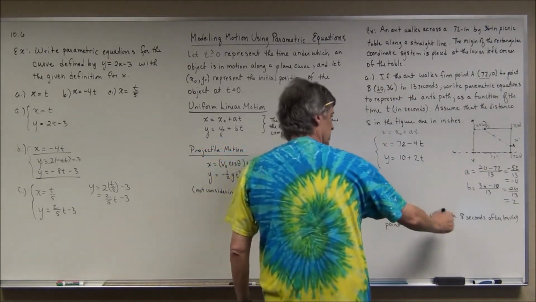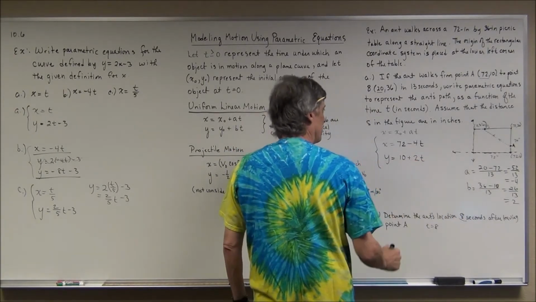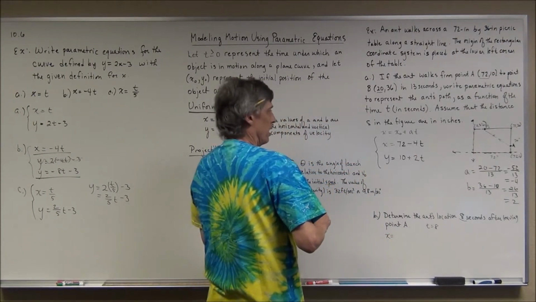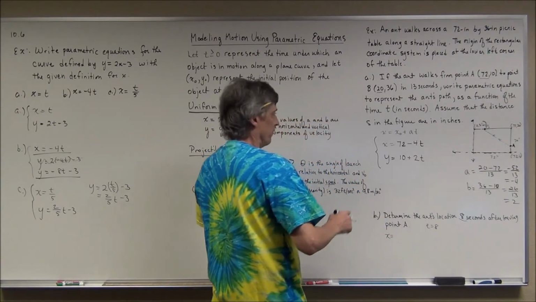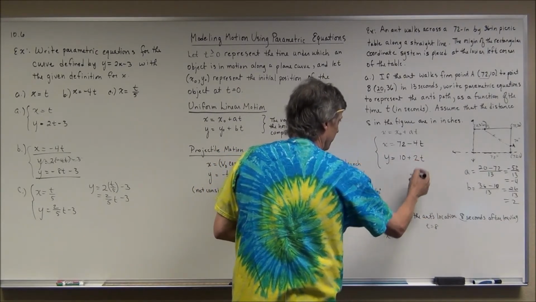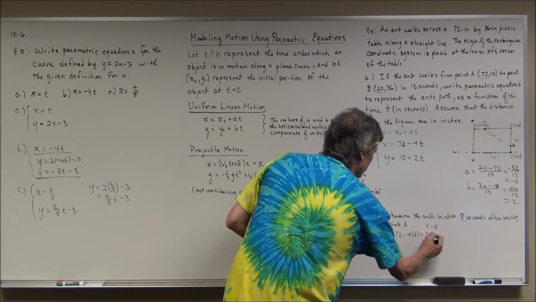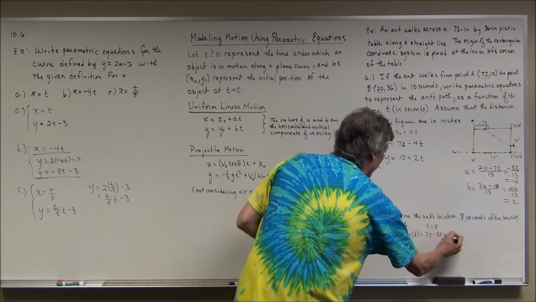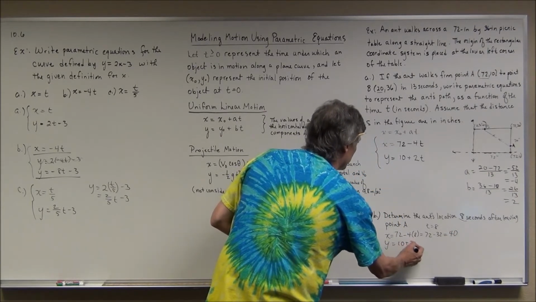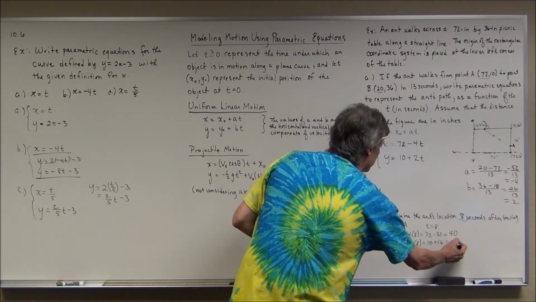To get the position, since we know t is 8, I'm going to substitute into both of my parametric equations so I can figure out where he's at horizontally, x-wise, and where he's vertically, y-wise. So I'm going to plug 8 in for t in both. I get 72 minus 4 times 8, which is 72 minus 32, or 40. And y would be 10 plus 2 times 8, which would be 10 plus 16, or 26.